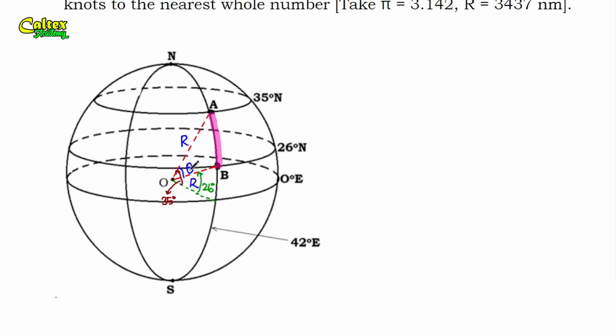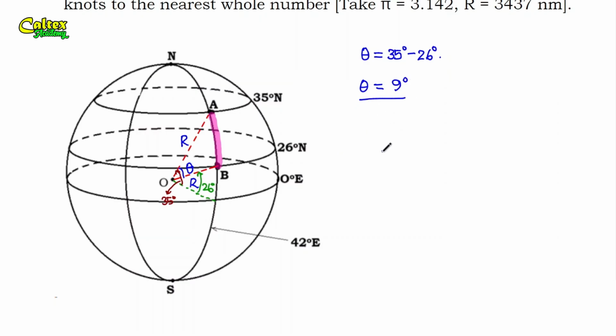So for us to get this theta, we need to subtract this small angle 26 away from this one to be able to get only theta here. So let's go ahead and do that by letting our angle between the two towns be theta, as it appears in the diagram here, and we have it as 35 degrees minus 26 degrees. If we subtract this, we get 9 degrees.